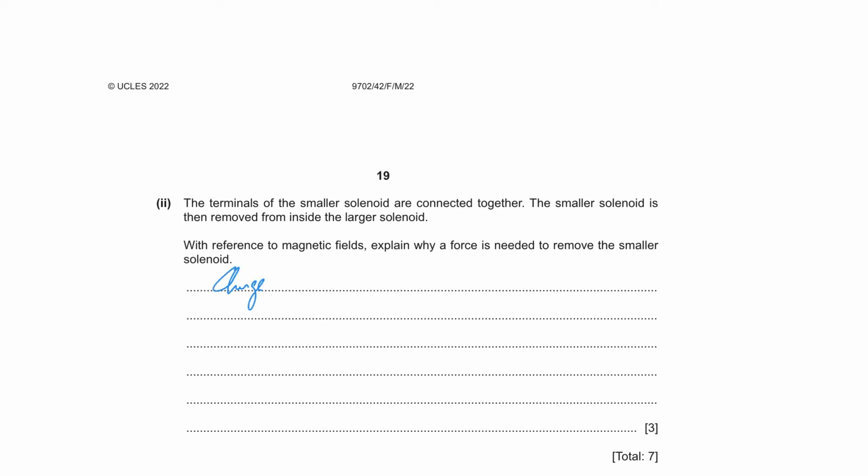Change in magnetic flux linkage in the smaller solenoid induces an EMF, causing current to flow.